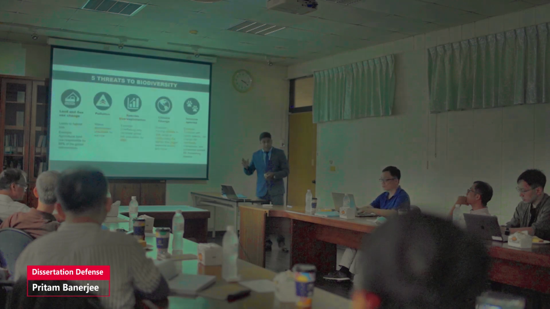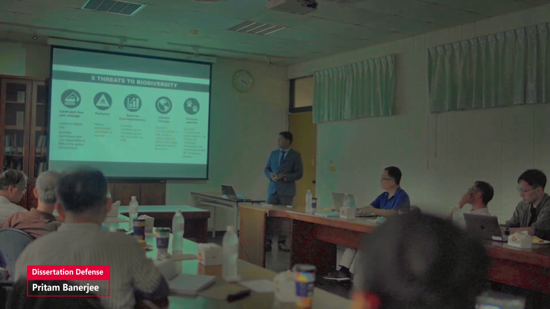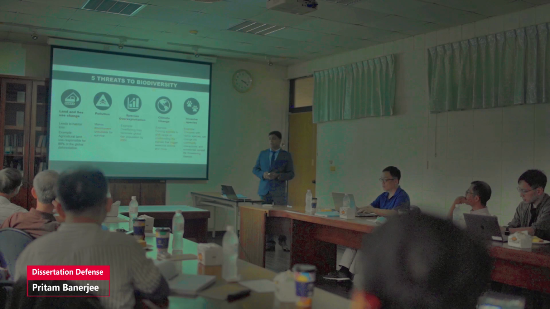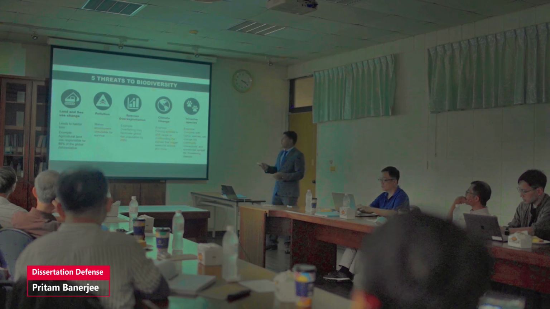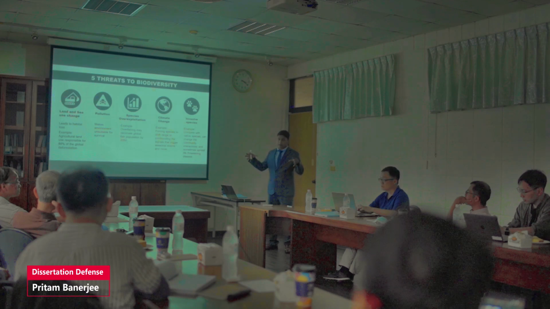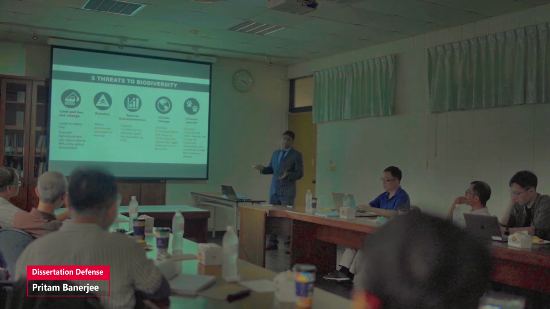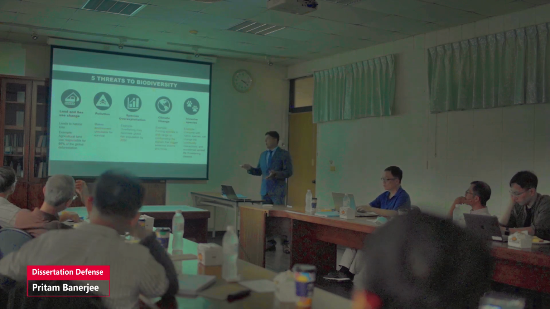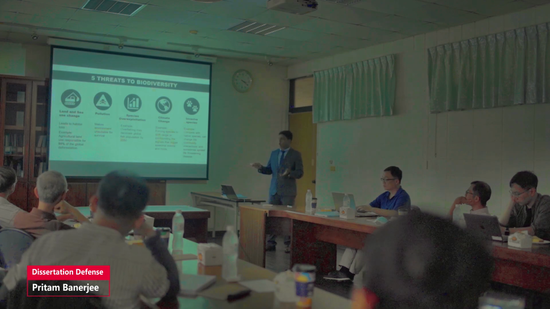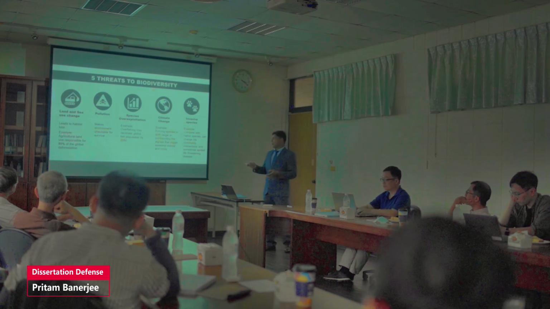If we go into more detail to understand why this is happening, we can figure out 5 main reasons behind this decline. One of the main reasons is land use. We are grabbing the Earth, making lands for our own use through agricultural activity and deforestation. Those activities affect the habitat of local wild animals.